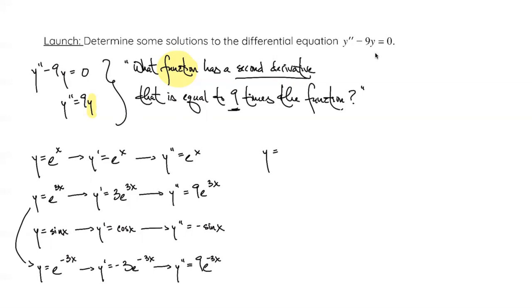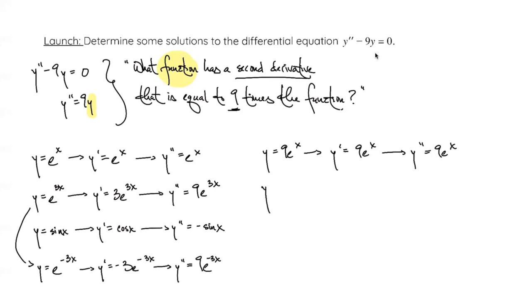Don't all jump at once. But would just 9 e to the x work? Let's see, 9e to the x. I take my derivative and my second derivative. I have that 9 here, but we have something that is still the same as what we started. I think that's a good guess.